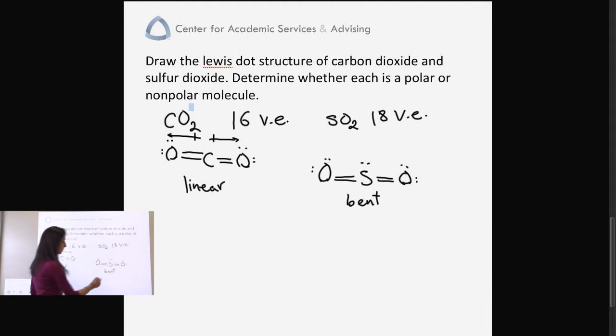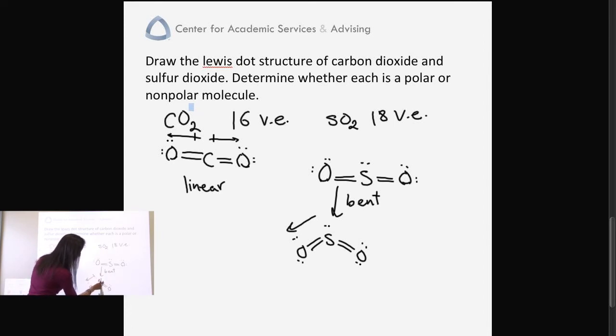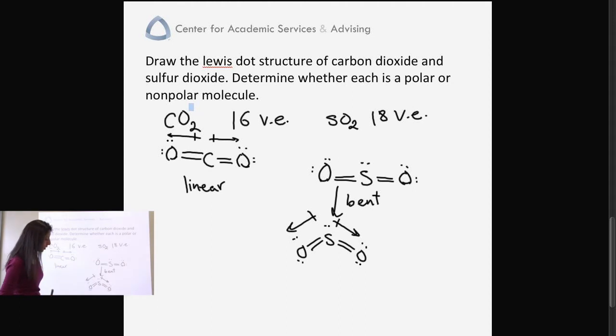But in the case of SO2, if I was to redraw it with its correct geometry, it would look something like this. And so the dipole vectors are pointing this way and this way. So in this case, if we think of these as vectors, they have an x and a y component.